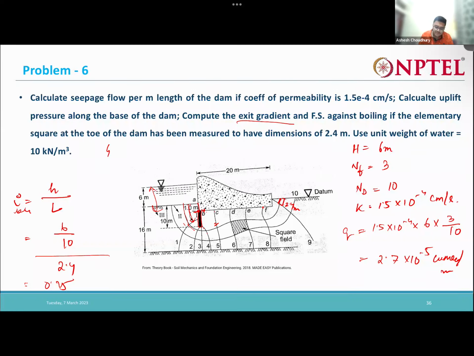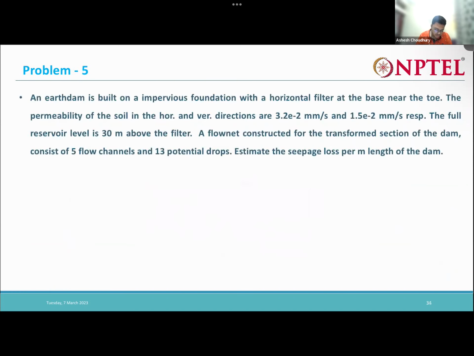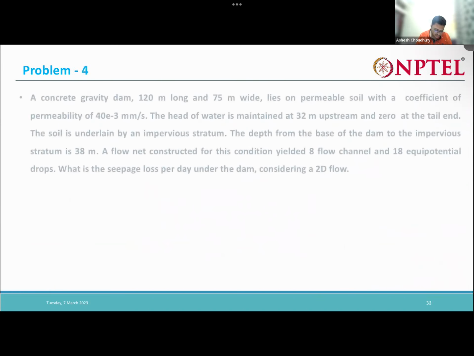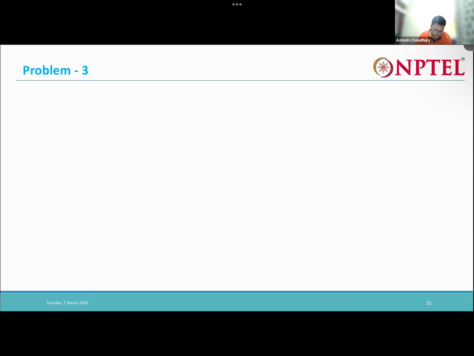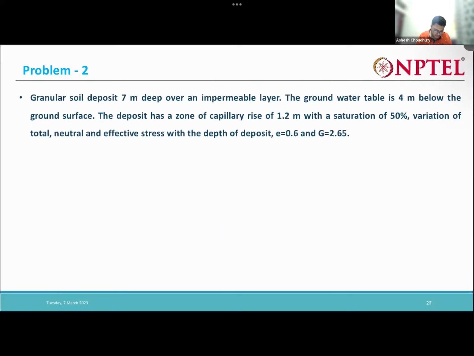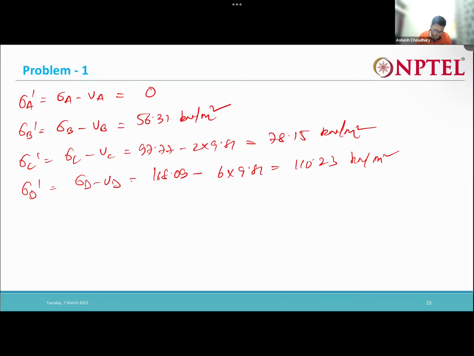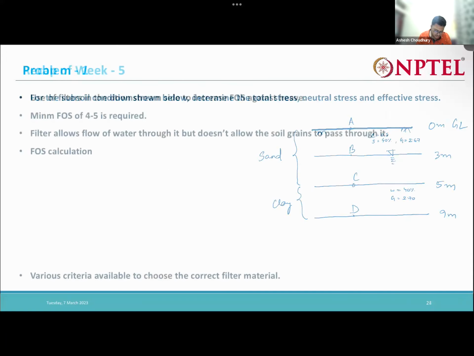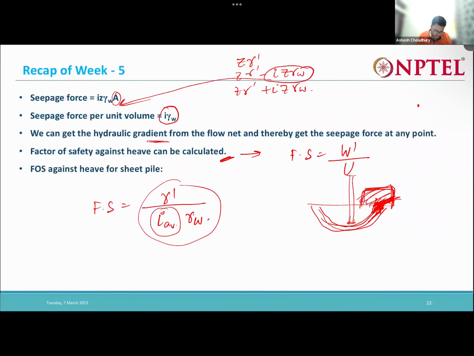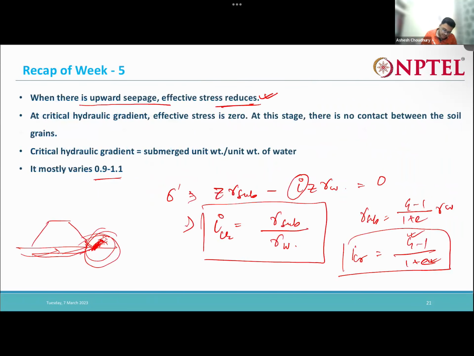If you go to our theory, you know that our critical hydraulic gradient mostly varies between 0.9 to 1.1. It's the real value.